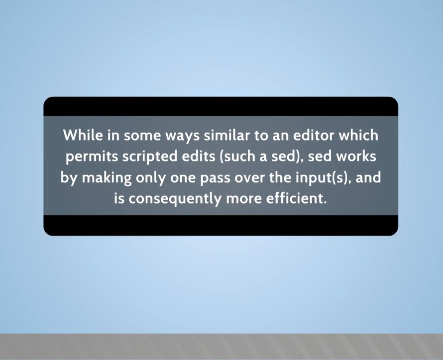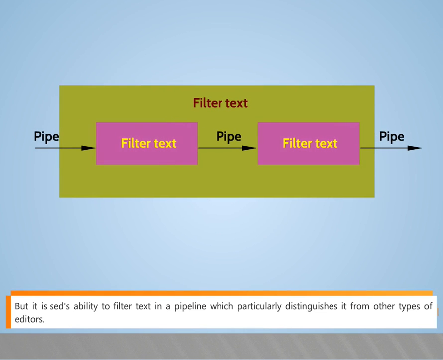While in some ways similar to an editor which permits scripted edits, such as ed, sed works by making only one pass over the input, and is consequently more efficient. But it is sed's ability to filter text in a pipeline which particularly distinguishes it from other types of editors.